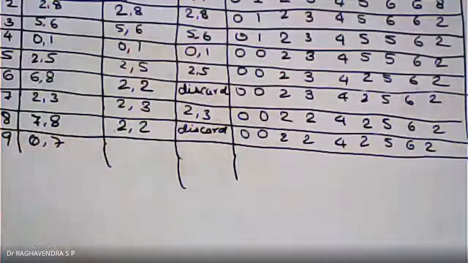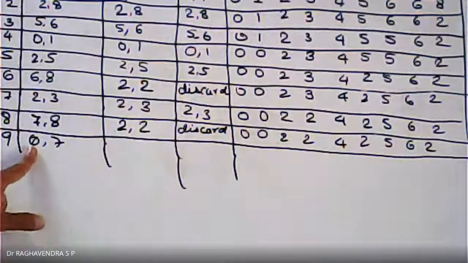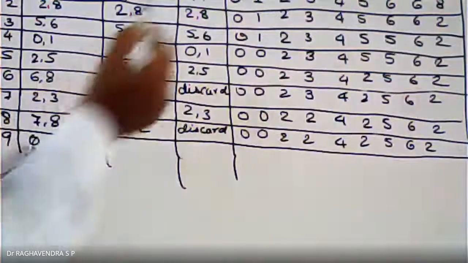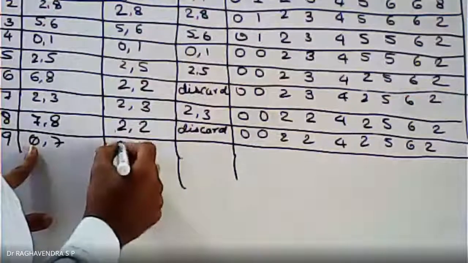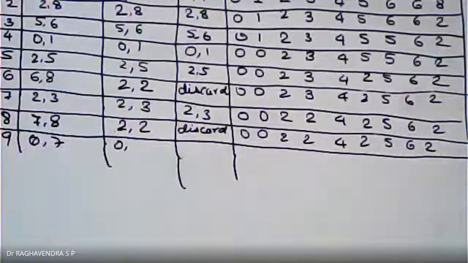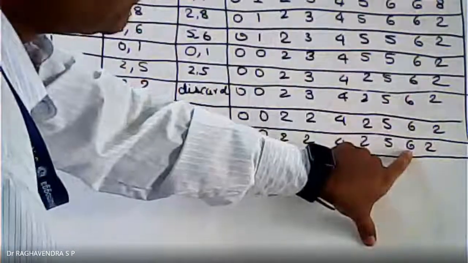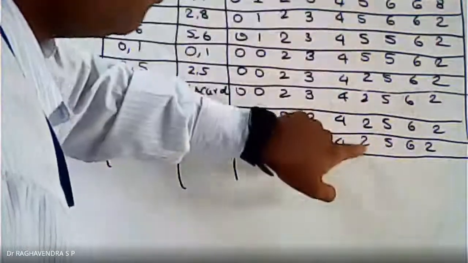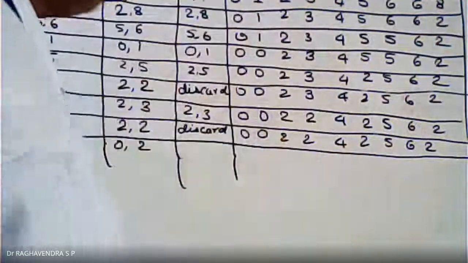Next, 9th step, identify the next edge: 0, 7. Okay, fine. Now, what is the root of 0? 0, because 0, 0. And what is the root of 7? 2. Yes, it is 2, because 7 gives 6, 6 gives 5, 5 gives 2, and 2 finally gives 2.